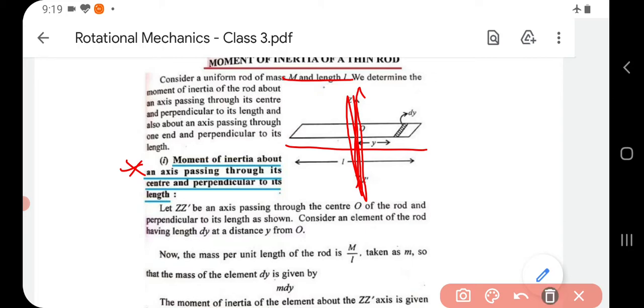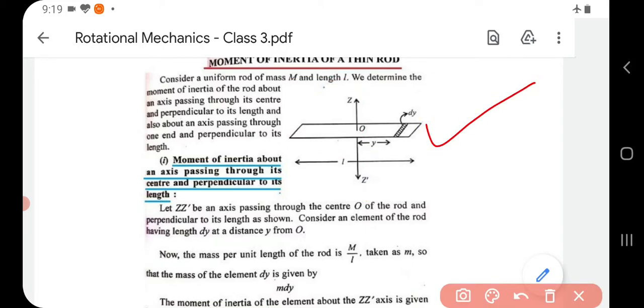This is the figure. Let z dash be the axis passing through the center O of the rod and perpendicular to its length as shown. See, z dash: it is an axis passing through the center of the rod O and perpendicular to the length l.